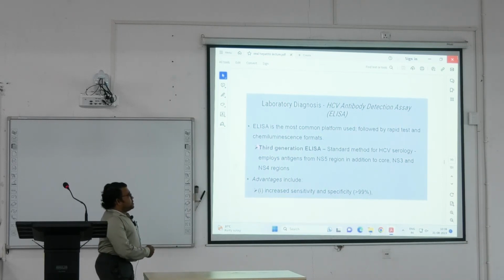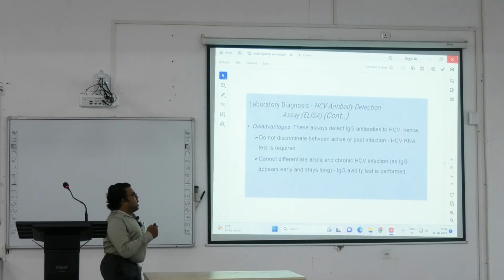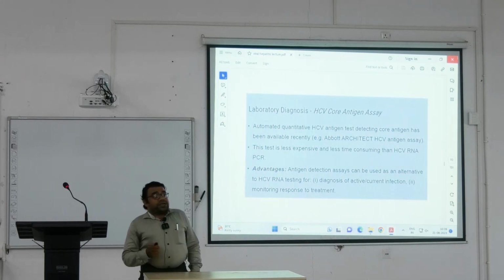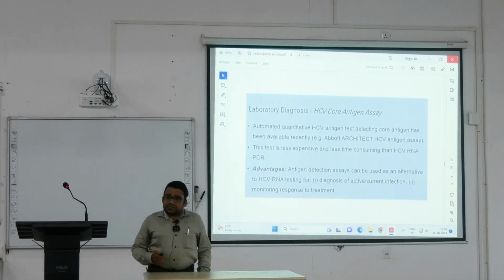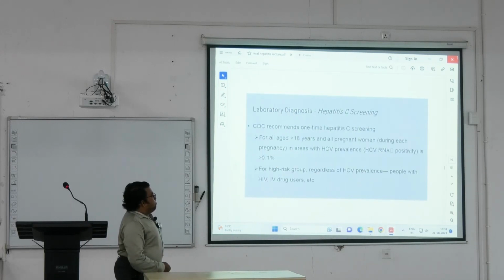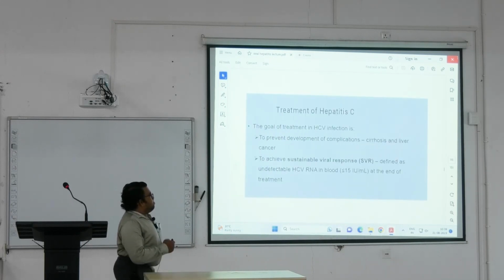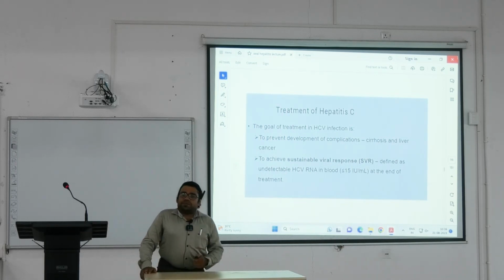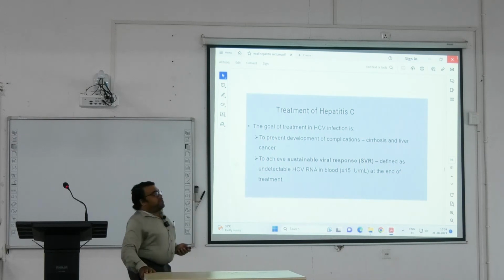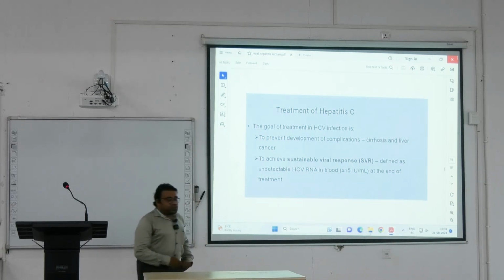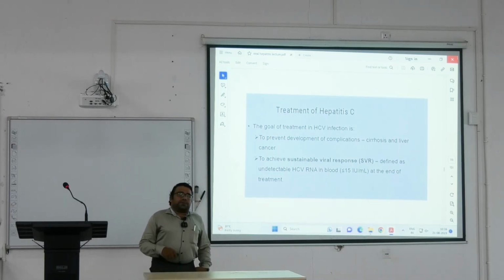The laboratory diagnosis is done by third generation ELISA or by estimation of the virus by nucleic acid amplification test. Now, as far as treatment is concerned, antivirals including interferon are given, and the objective is to achieve sustained viral response, that is to reduce the replication of the virus.